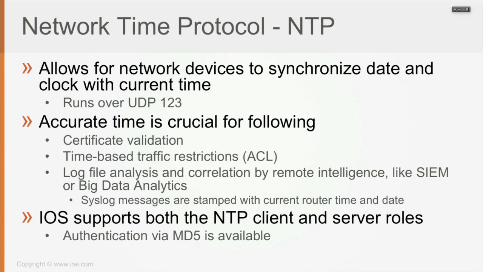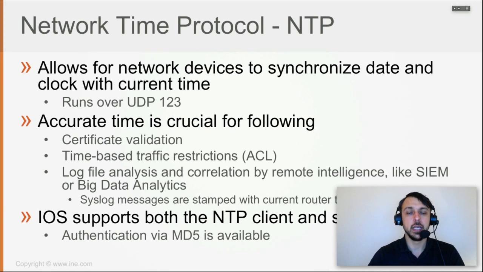Now IOS supports both the roles of NTP client and NTP server. Authentication is also available via MD5 as per the RFC. Now of course, depending on how accurate, basically what I'm trying to say is that the router or any kind of network device can act as an NTP server, but it's not going to be as accurate as dedicated NTP servers because of their stratum level.